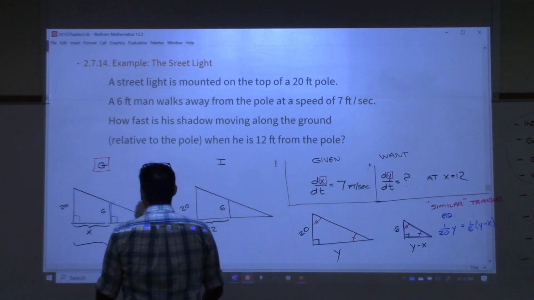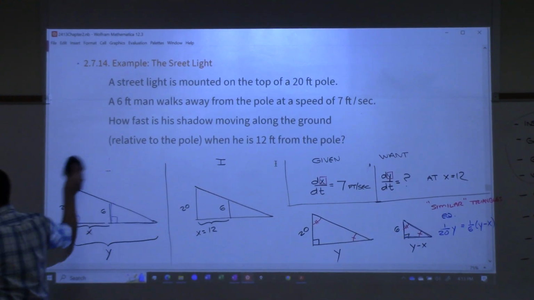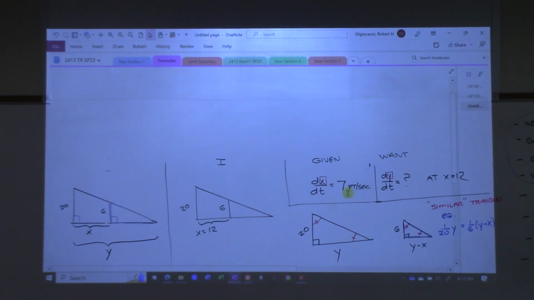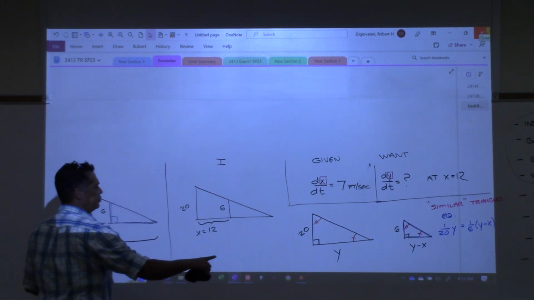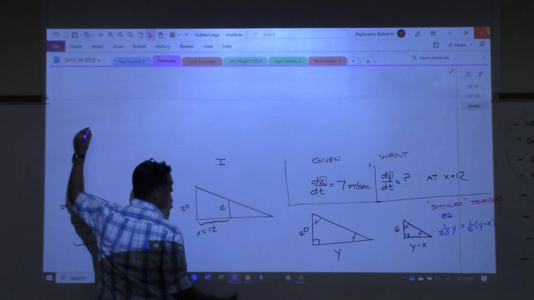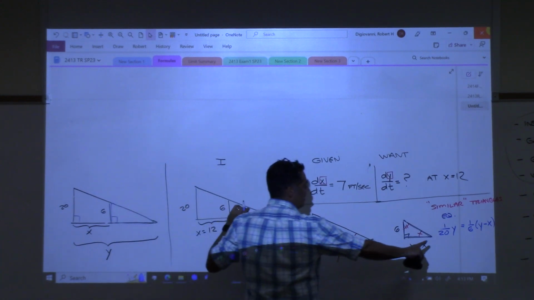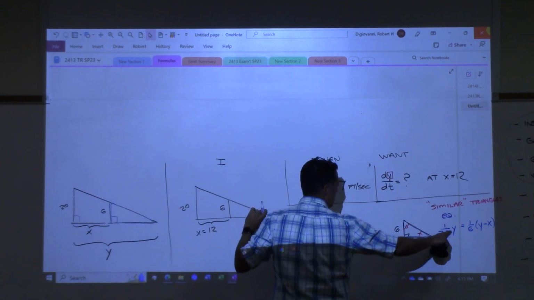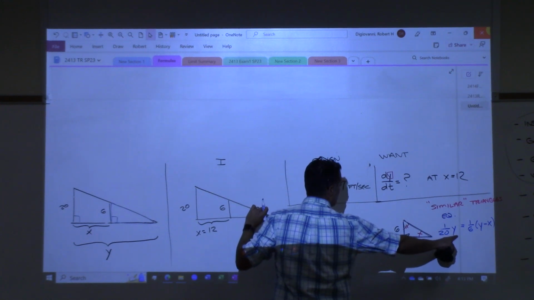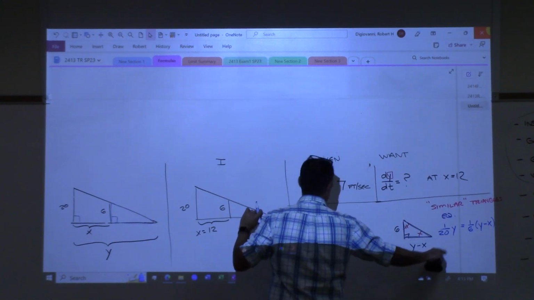I'm going to erase nothing. I'm going to just work up top here. So now I have to take the derivative of this, right, with respect to time. So what is the derivative of the left side? What happens to the 1 over 20? Careful, it's attached to the y, right? So it comes for the ride.